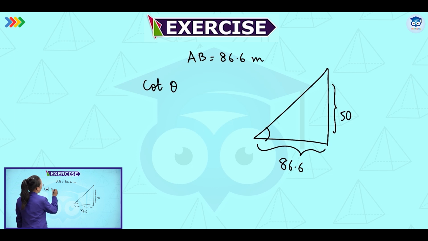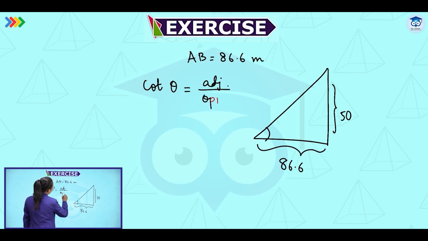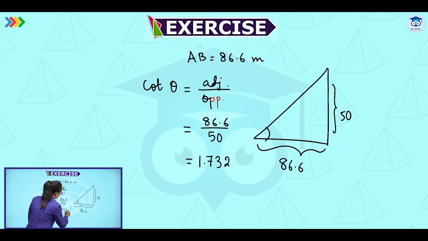Okay, cot theta. When we apply cot theta, it's this base, right? Adjacent upon opposite. So we have the adjacent value as 86.6 and the opposite value as 50, right? So after calculating this, we have 1.732, which is approximate again.